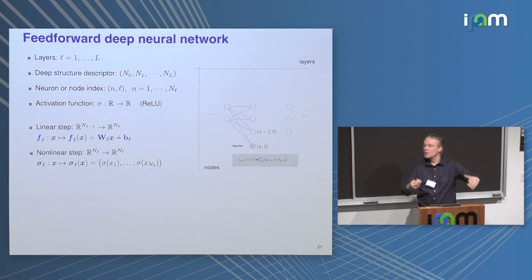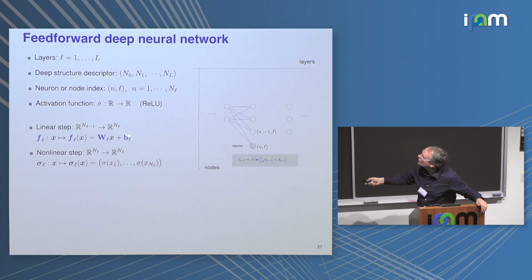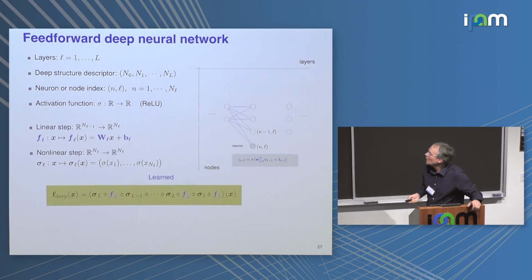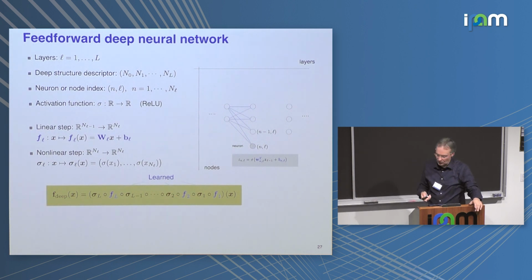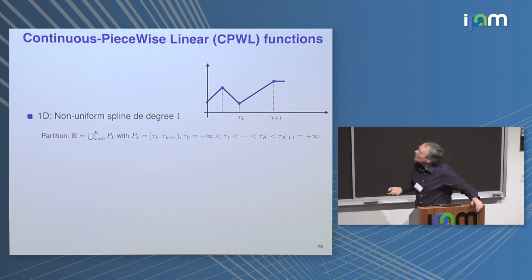It puts linear weights, and there's usually also a bias in the ReLU that adds a constant here. Then you have a nonlinear step that is just the activation. So the neural network is a linear map followed by a pointwise nonlinearity sigma, applied to a vector pointwise, followed by linear, followed by nonlinear, followed by linear, etc. We've already seen that.